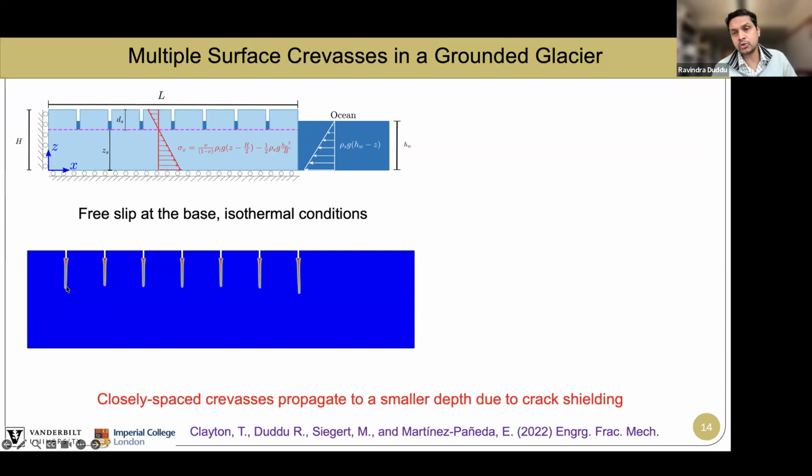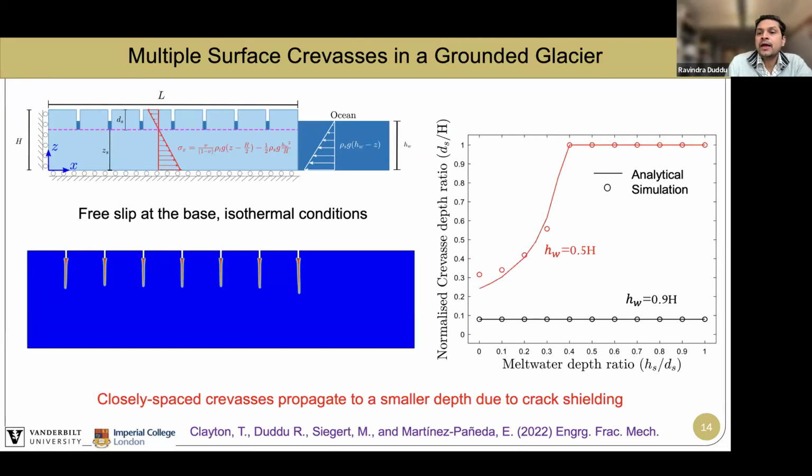They propagate to a deeper extent. And this goes back to the debate that de Robin and Weertman had, and how the zero stress model is sort of an academic exercise, that crevasses are never uniform, right? They can never be exactly the same distance and depth systems of crevasses. There's always this physical variability.